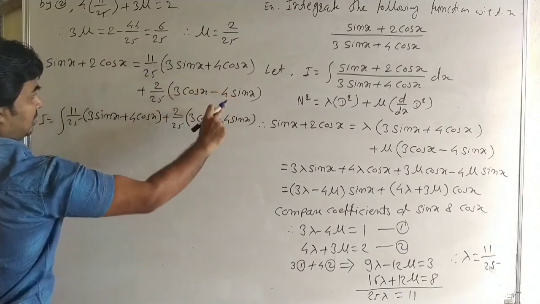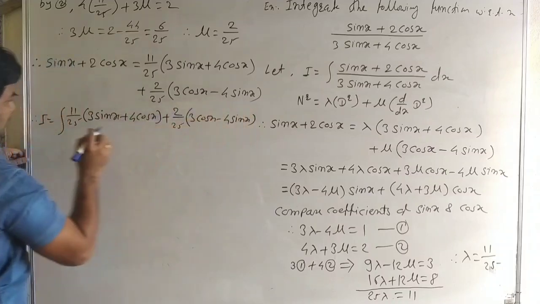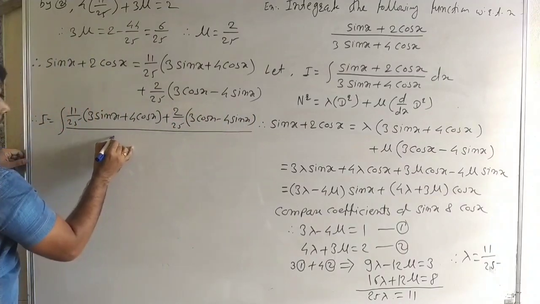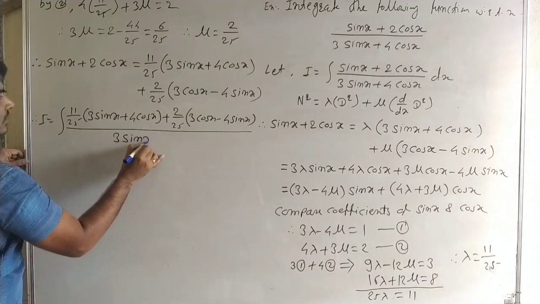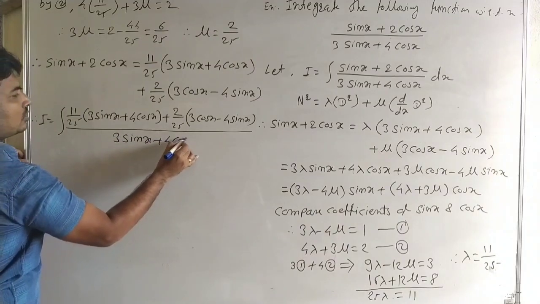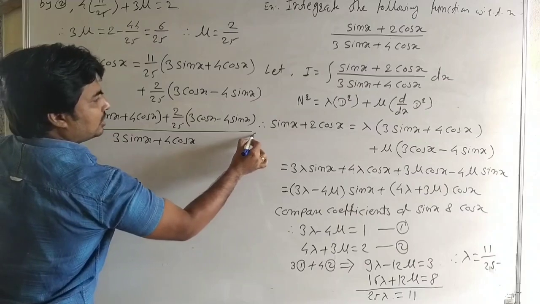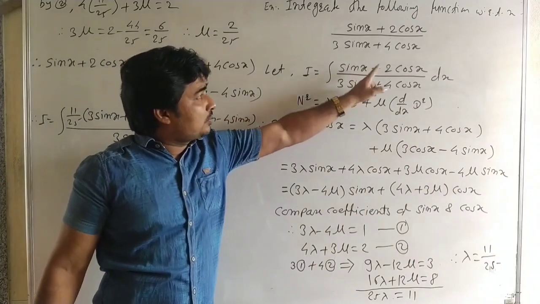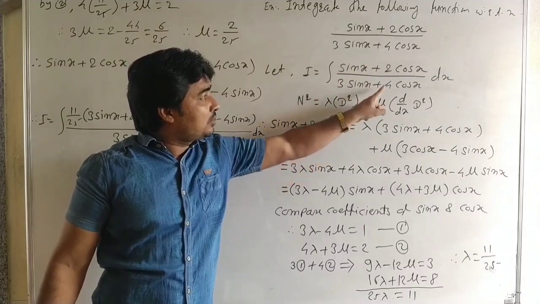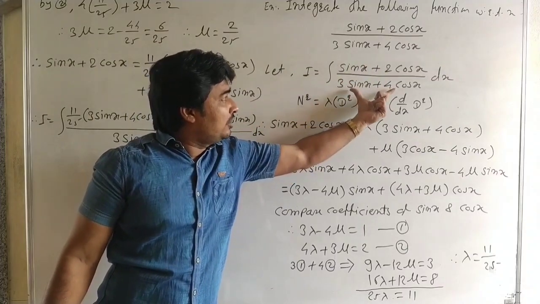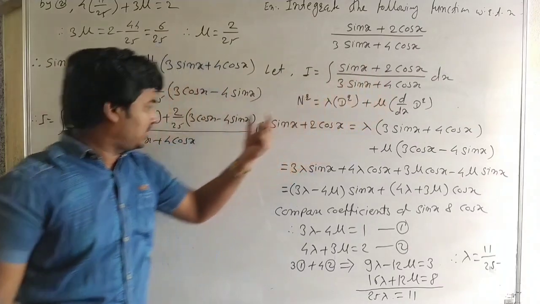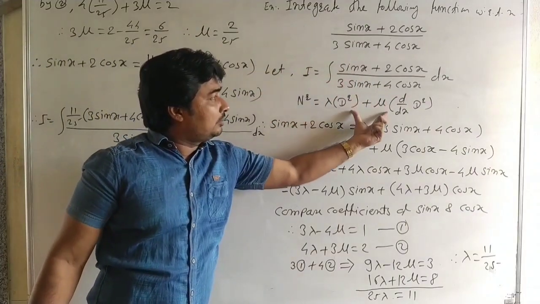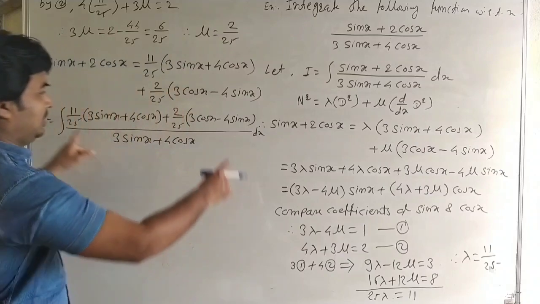Okay, this term can be written in the numerator, and in the denominator 3 sin x plus 4 cos x, with respect to x it is dx. Here our example is sin x plus 2 cos x upon 3 sin x plus 4 cos x. Here the denominator 3 sin x plus 4 cos x stays as it is, but we replace the numerator by this term.